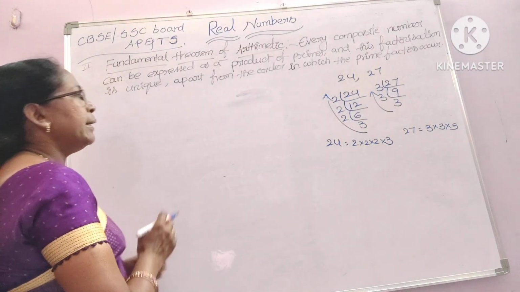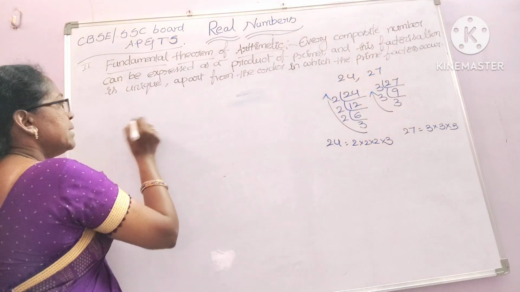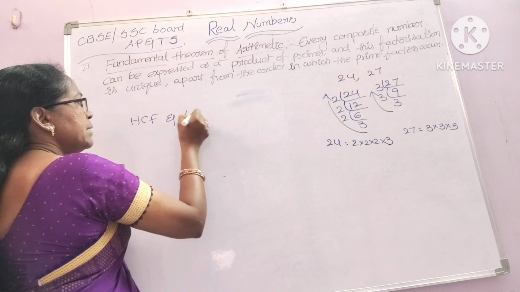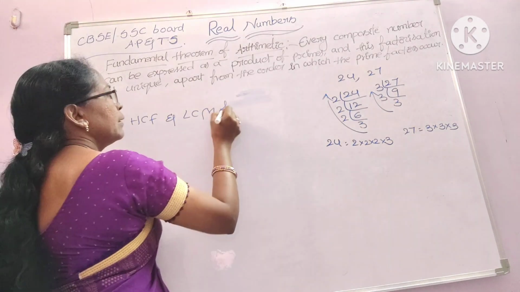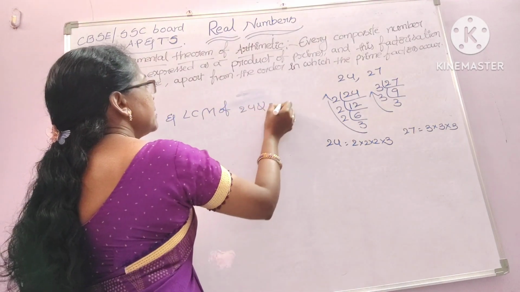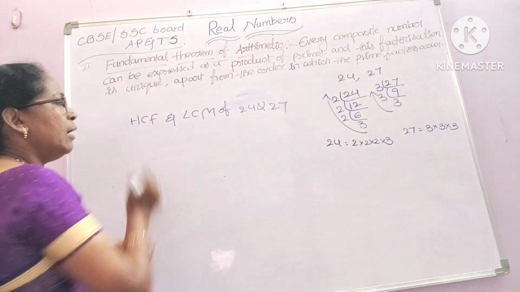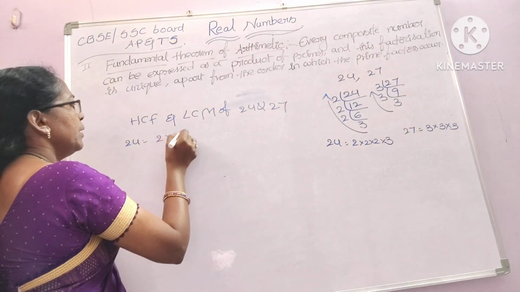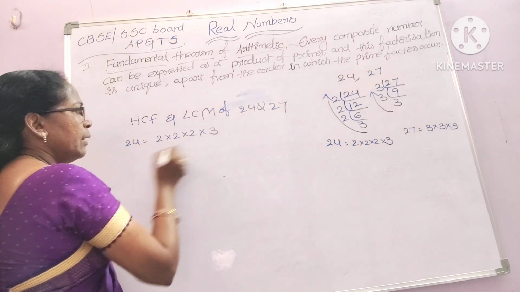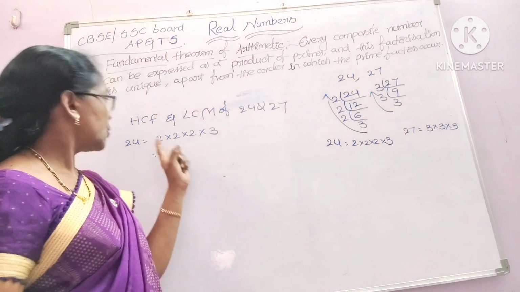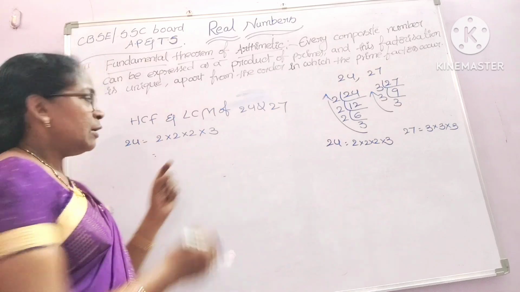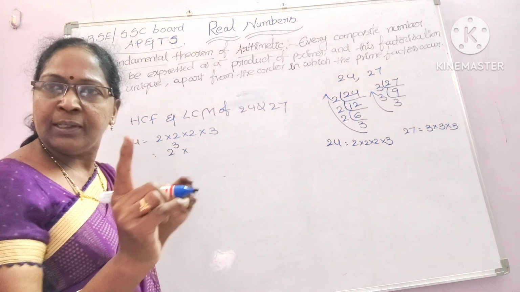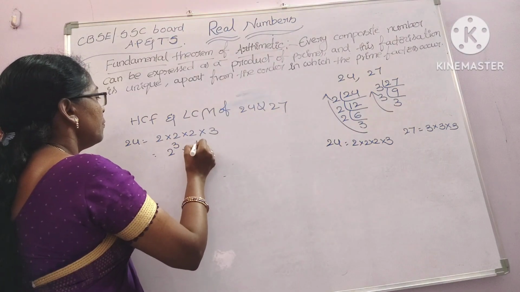So how can you find out? For example, here the HCF and LCM of 24 and 27. This is the question. Now 24 equals 2 into 2 into 2 into 3. That means 2 is multiplied 3 times, so this can be written as 2 cube into 3 to the power of 1.